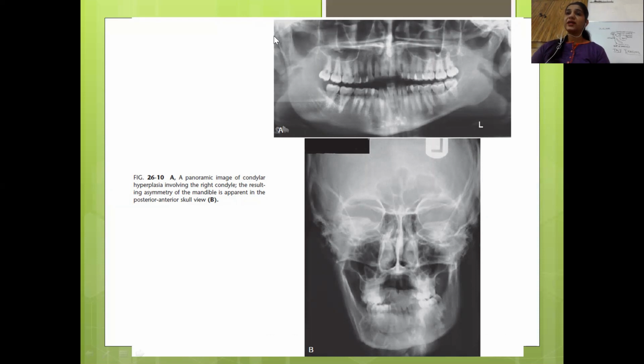Here we see the enlarged condylar head with extra growth, and here there is shortening, so this side is asymmetrical and not matching the left side. Similarly, in the posterior anterior view of the skull, we can see the asymmetry of the face.